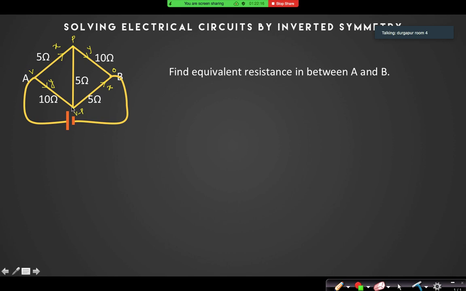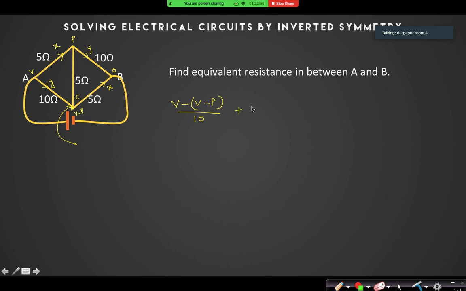Now I will apply nodal analysis at this point. What is nodal analysis? Sir, 7 ohm. Yes, I think that is the answer. Now I am writing the current. Can I say V minus P divided by 10 is the current from A to this point? Let us assume this point is C. Current from A to C is V minus P divided by 10.